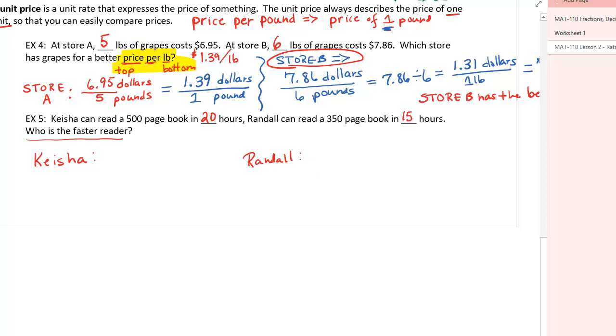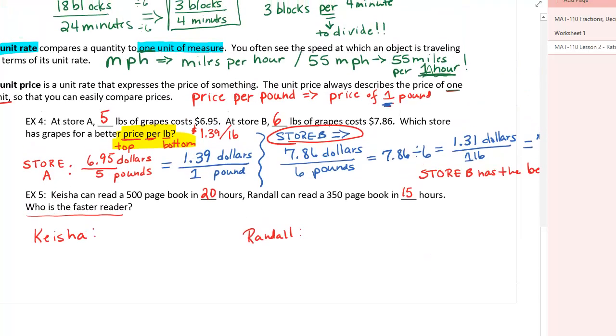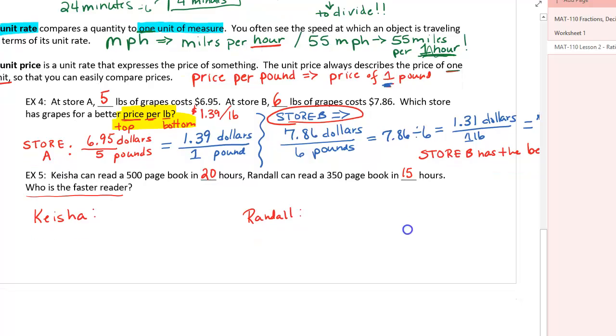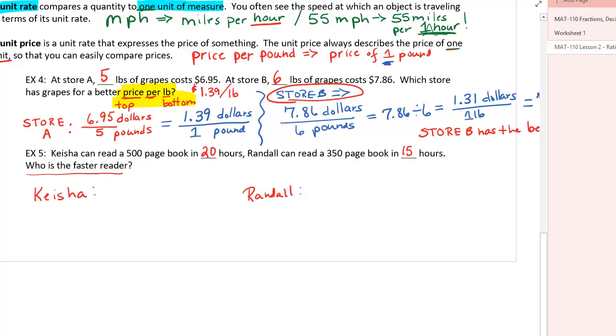Now, if you think about it, we're not really given a clue as to what goes on top and what goes on bottom. But when you're thinking about a rate that determines speed, what normally comes second is the unit of time. So that's going to be the case here. And our unit of time, again, is hours.